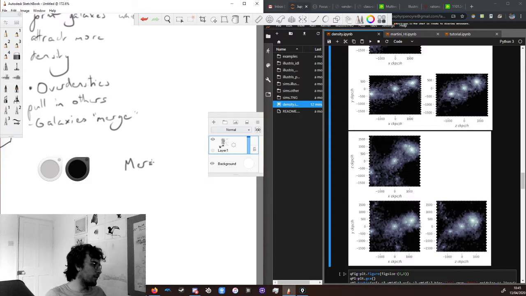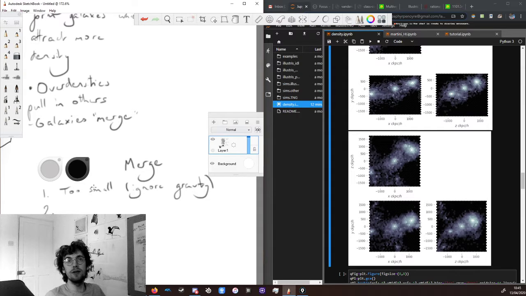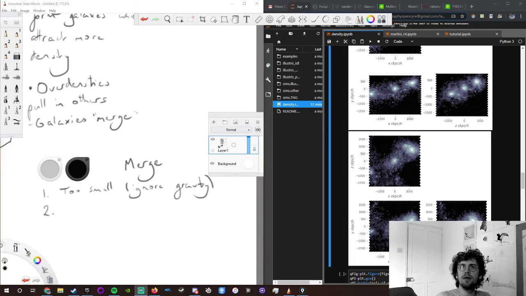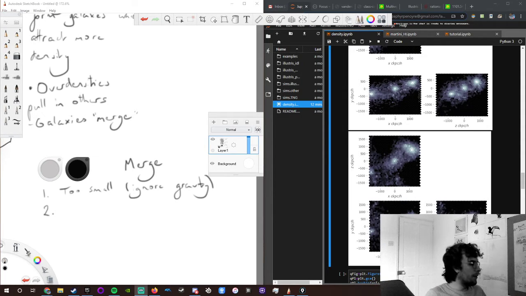So firstly, step one, you're too small. And thus, we can ignore gravity. Why am I including this step? Because it's always the first thing that happens. I'm going to move my head over.